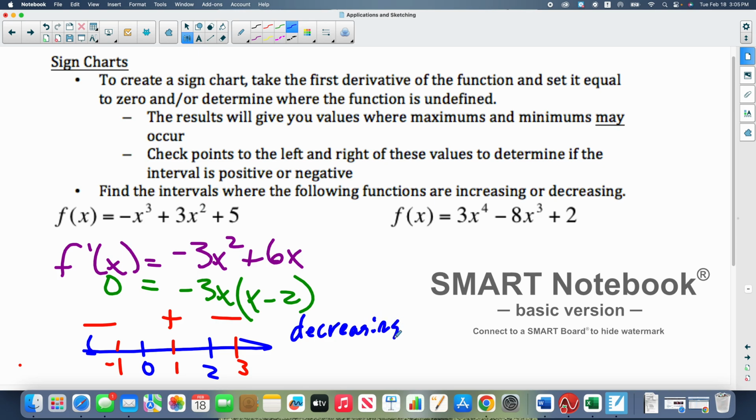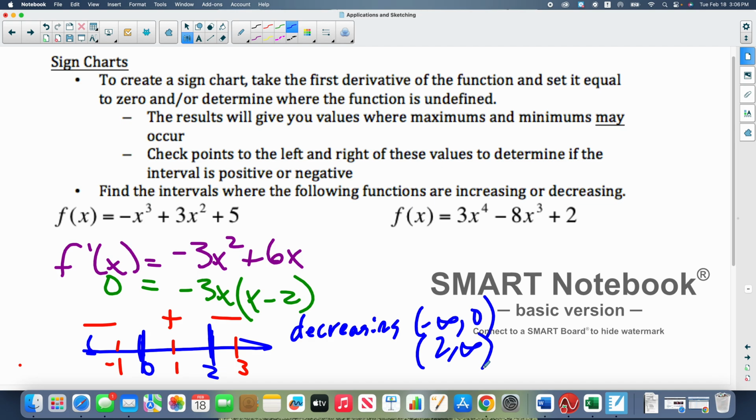So from negative infinity all the way to 0, it's decreasing. It's decreasing again from 2 all the way to infinity. So this graph is decreasing most of the graph.